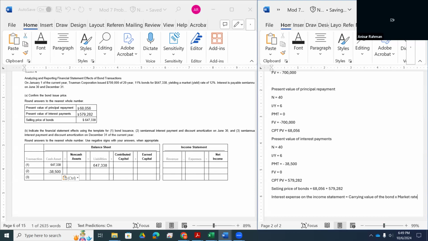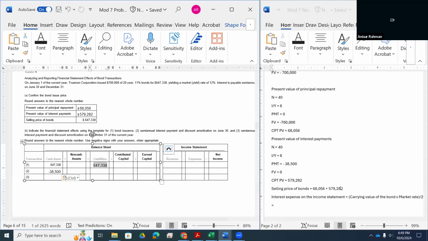Now we have to divide by 2 because it is a semi-annual bond and we are calculating interest expense for 6 months. So our carrying amount is 647,338.